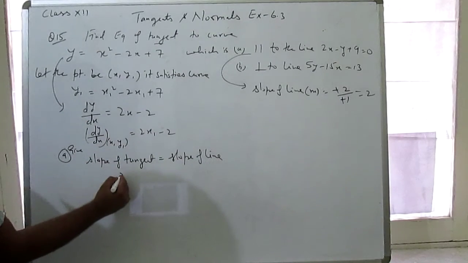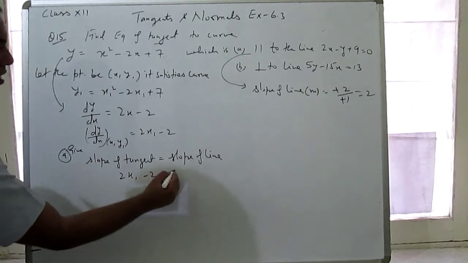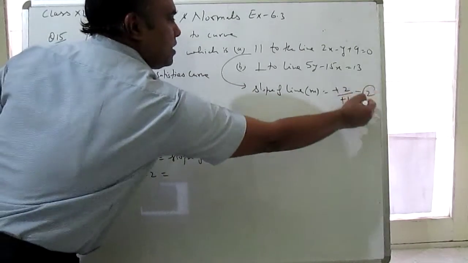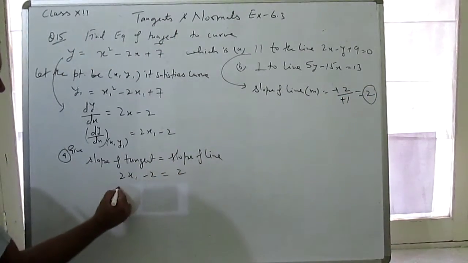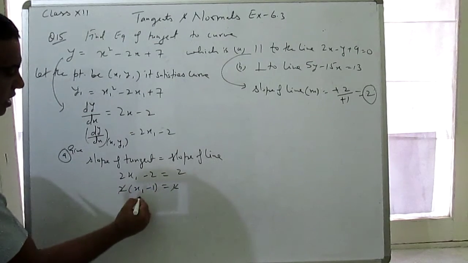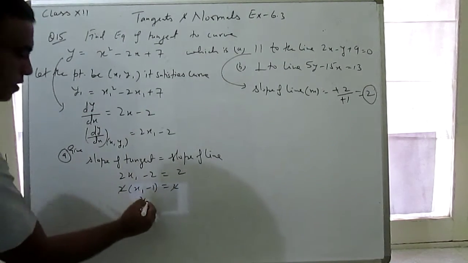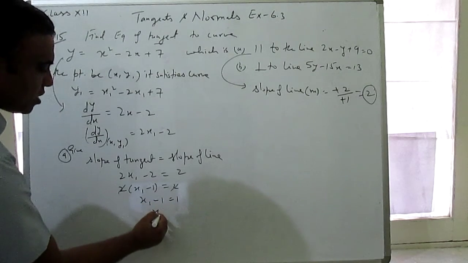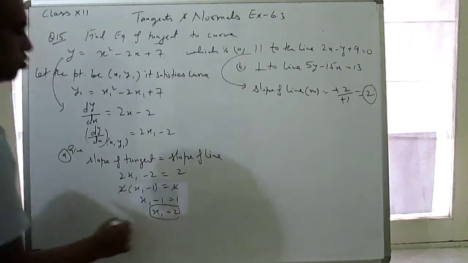So slope of tangent is 2x1 minus 2, and slope of line we calculated here, it is 2, so put it here, 2, take 2 common, x1 minus 1 is equal to 2. This is cancelled out, x1 minus 1 is equal to 1, x1 is equal to 2.